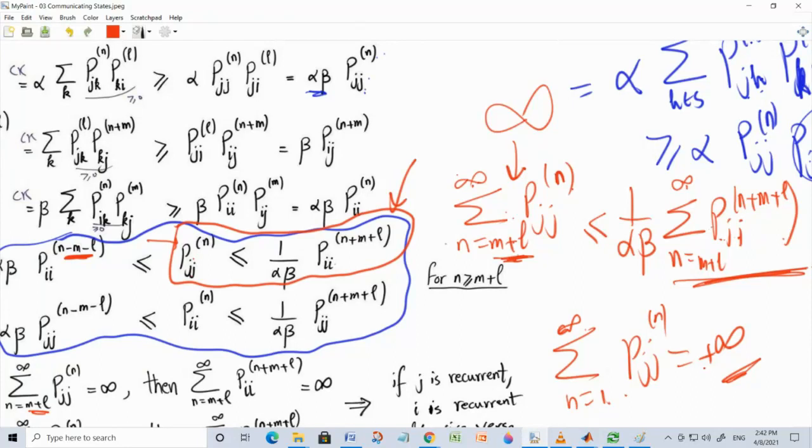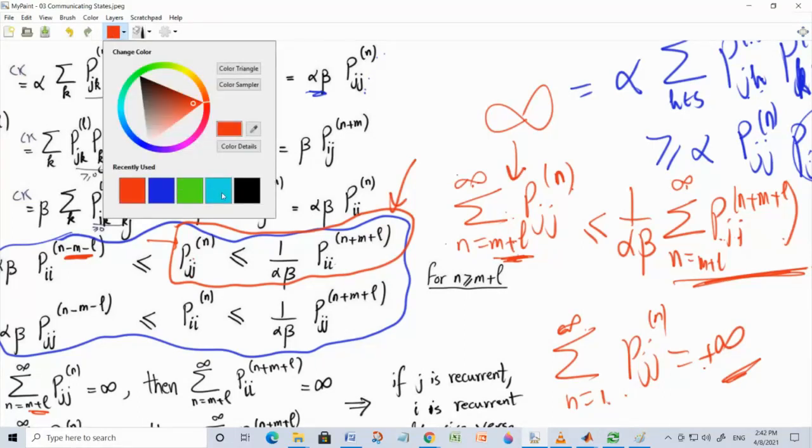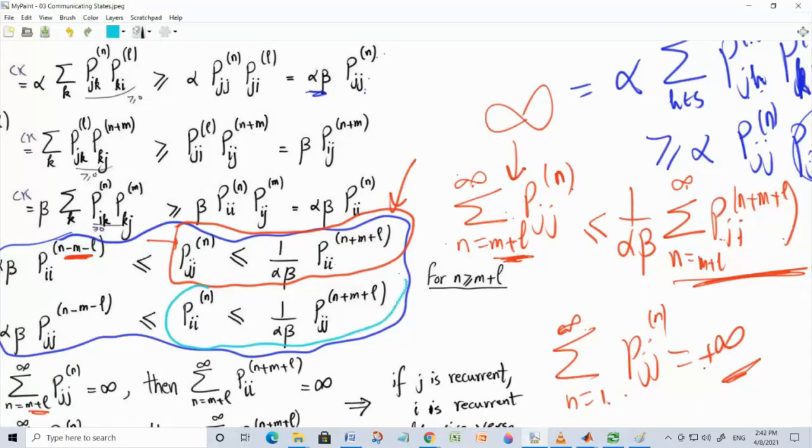So this summation from some number to infinity is infinity. So the sum, if you start from 1, is infinity, which means that I is recurrent. And vice versa. Why vice versa? Because you have this situation here. If state I is recurrent, you can also conclude that state J is recurrent. So if states I and J communicate and one of them is recurrent, then the other is guaranteed to be recurrent.